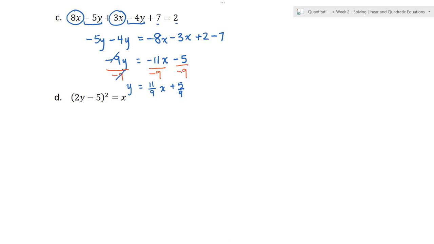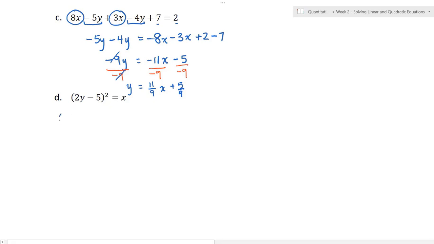Okay, now we're on to D. So in part D, we want to solve for this y value, but this whole thing is being squared. Think about what you would do to solve for that y. A lot of people, when asked, will say, oh, I need to expand this bracket out.